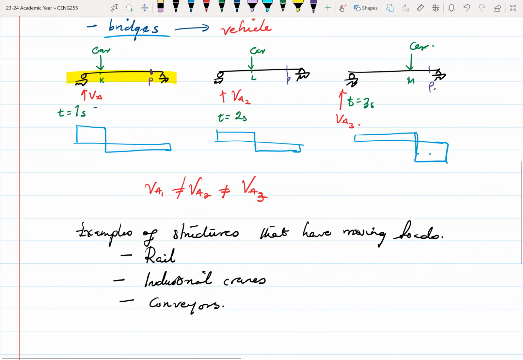So now let's look at the effect of this load on point P. If the load is at 1 second, what will be its effect at point P? When the load is at 2 seconds, what will be its effect at point P? When the load is at 3 seconds, what will be its effect at point P?